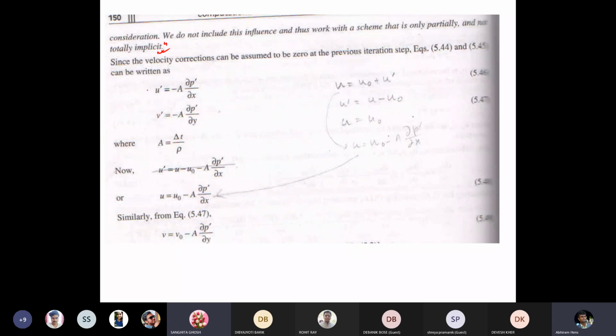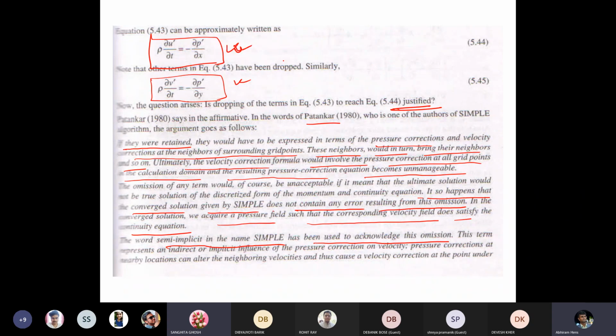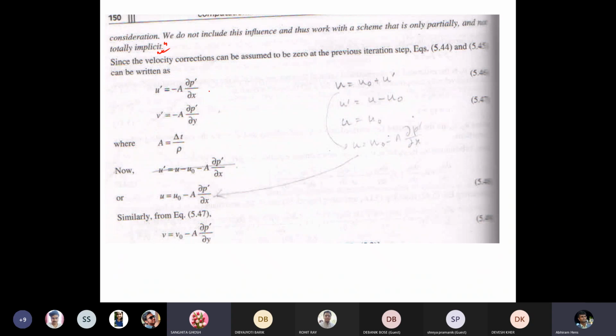Again, the velocity correction can be assumed to be 0 at the previous iteration step, and these two equations can be written in this particular form if you just consider a finite time step. So ultimately the equation in proper form was like this, equal to 1 by rho minus 1 by rho del p del x.